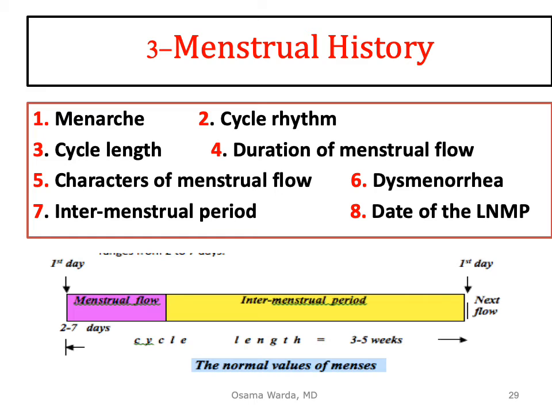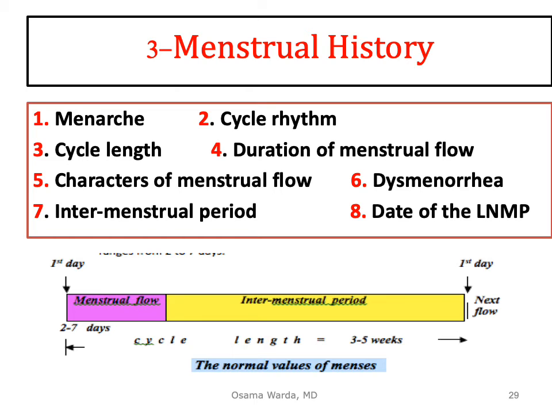The normal cycle length ranges from 3 to 5 weeks. Then duration of menstrual flow, the period of shedding menstrual blood, which normally ranges from 2 days to 8 days. Then the character of menstrual flow according to the amount, the color, and the odor.